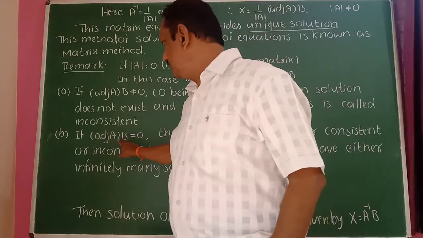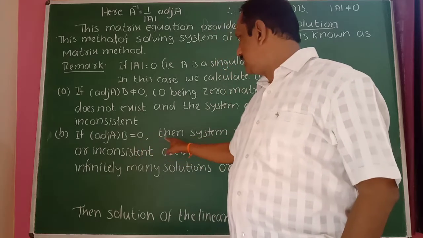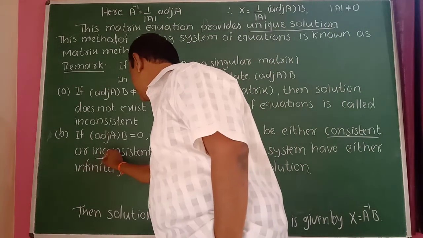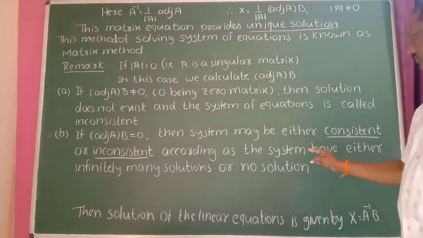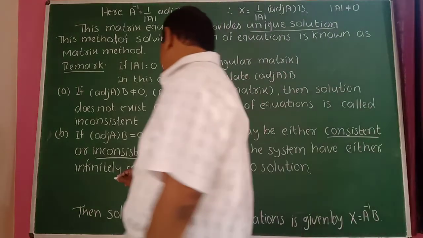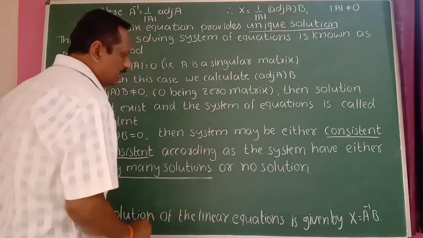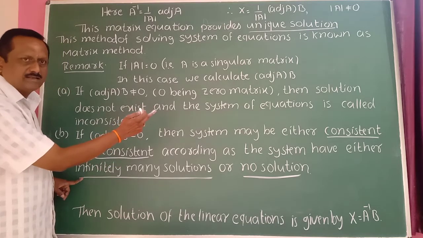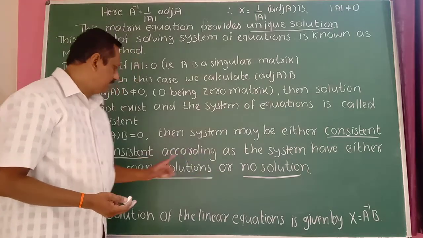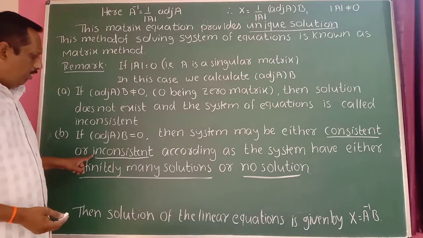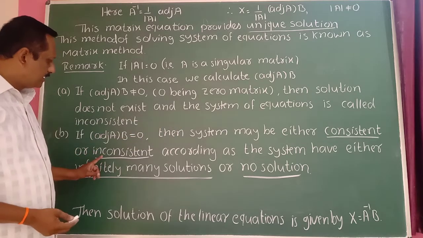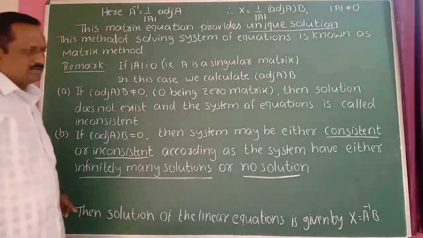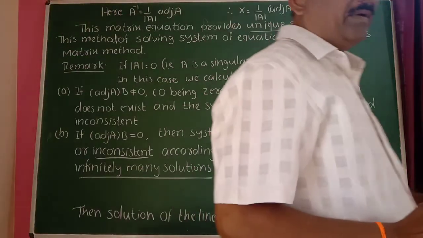Suppose adjoint of A into B is equal to the null matrix, then the system may be either consistent or inconsistent, according as the system has infinitely many solutions or no solution. If it has infinitely many solutions, then it is consistent. If it has no solution, then it is inconsistent. So this is according to the matrix method.